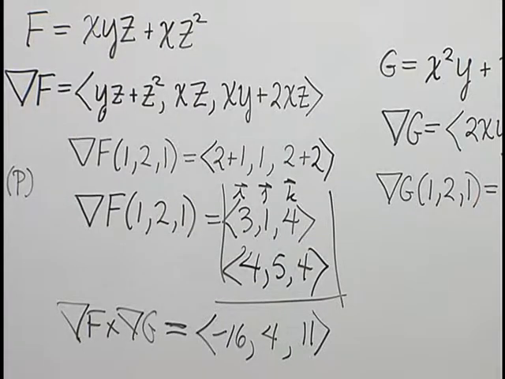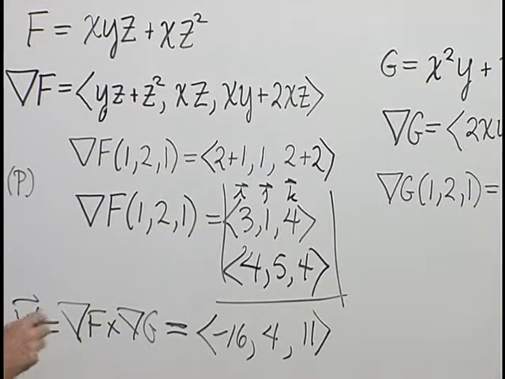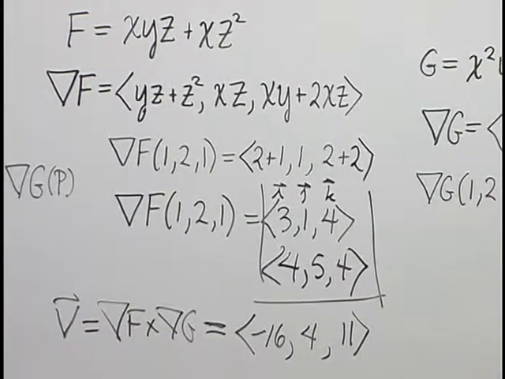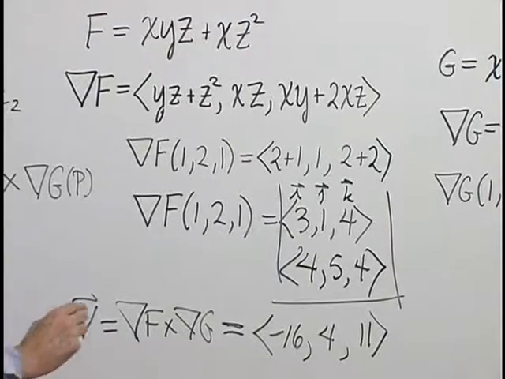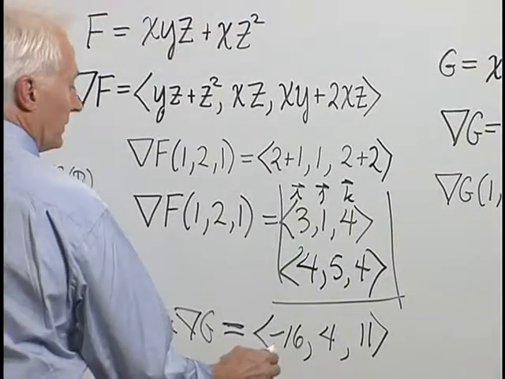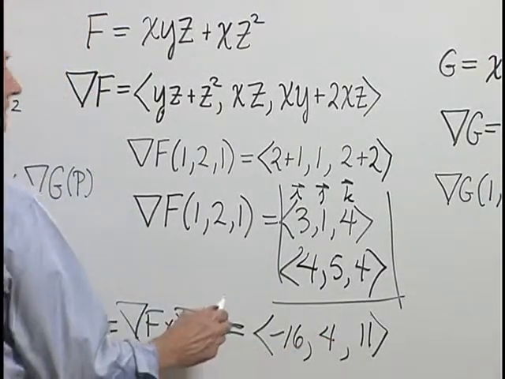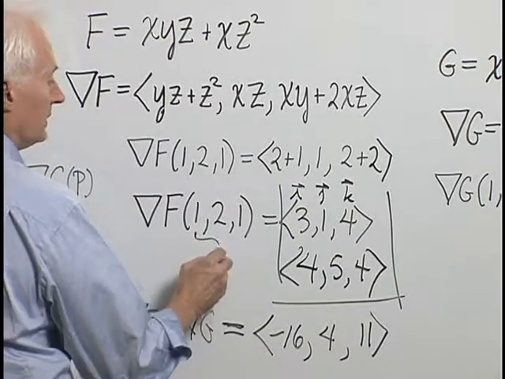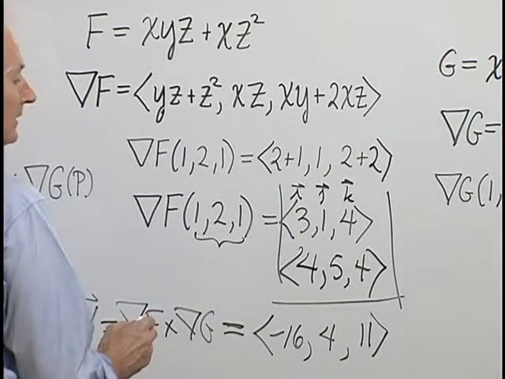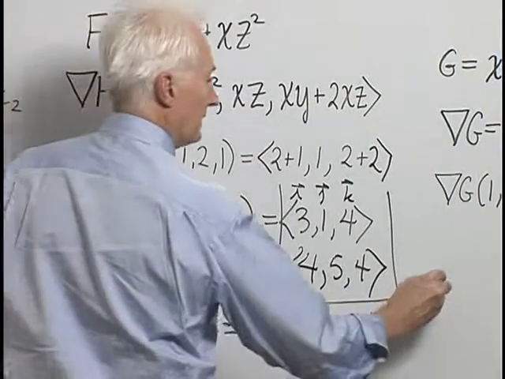Okay, so finally, since we are going to use this vector as our vector v, tangent to the curve of interest here, the intersection of the two surfaces, all we have to do is use this vector and the point of tangency (1, 2, 1) to write down an equation of a line. That's easy to do.